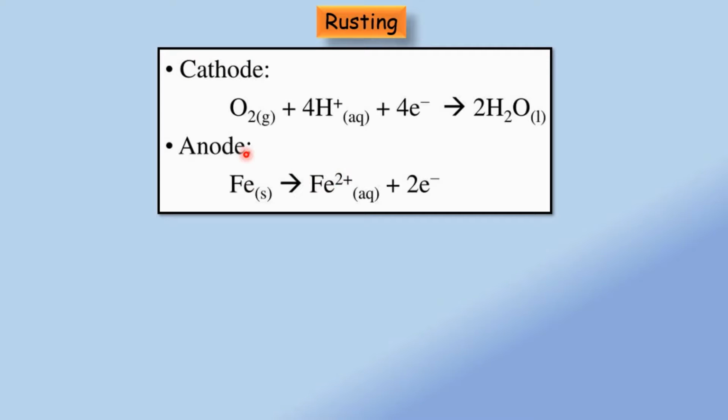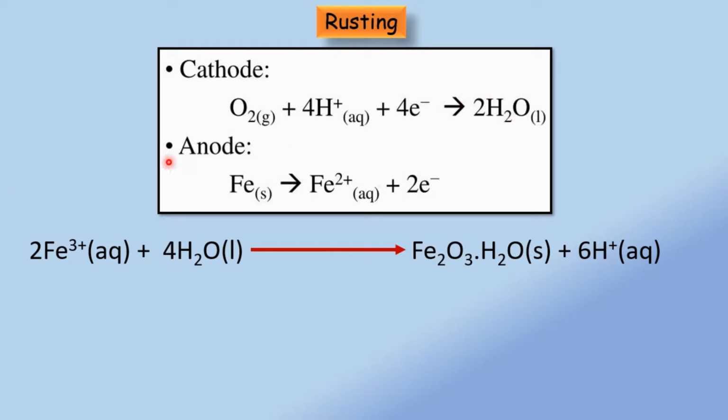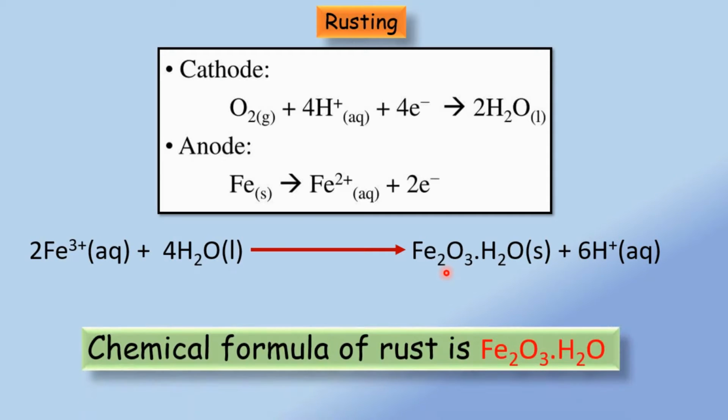When Fe2+ ions migrate from anode region, they react with water and further get oxidized to form Fe3+ ions. A reddish colored hydrated oxide is formed from Fe3+ ions, which is called rust. So, the chemical formula of rust is Fe2O3.H2O.